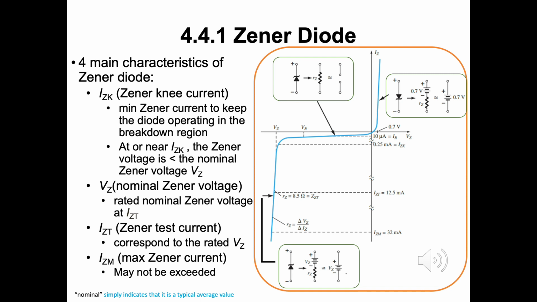The term nominal simply indicates that it is a typical average value of Zener voltage. IZT, or Zener test current, corresponds to the rated Vz, while IZM, the max Zener current, is the current which may not be exceeded.